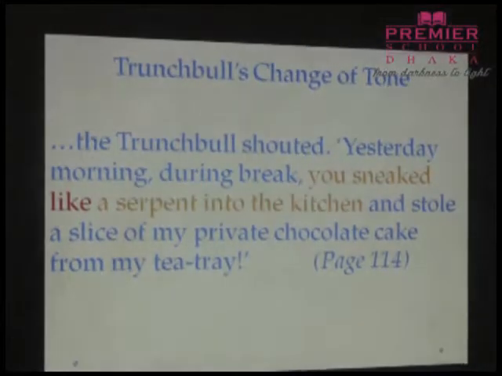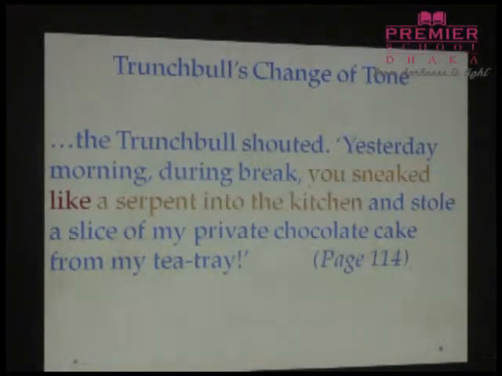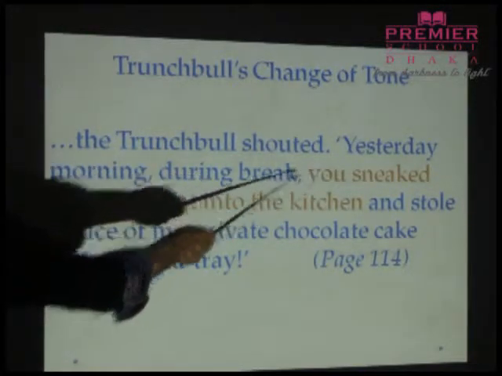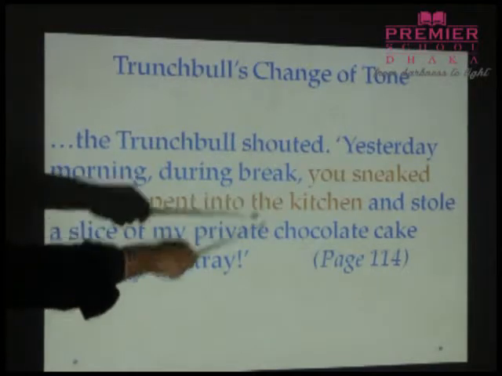At first she shouted, "Yesterday morning, during break, you sneaked like a serpent into the kitchen and stole a slice of my private chocolate cake from my tea tray." So in this example, she is actually shouting. And here, you sneaked like a serpent into the kitchen. That's also a simile.